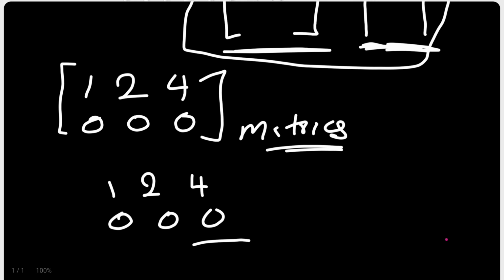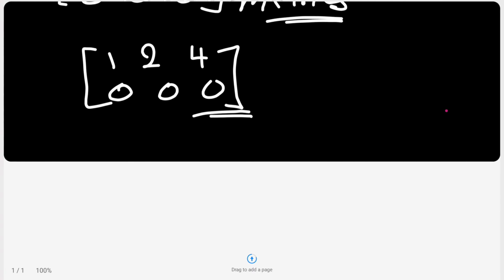Can you say this is a matrix? We cannot, because there is no symbol to say that it is a matrix. When we put the brackets, then we can say this is a matrix. So I hope you understand how we can justify whether this is a matrix or not. Let me show you some examples.